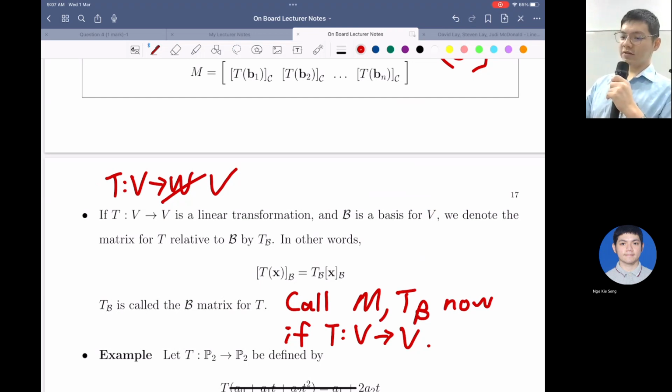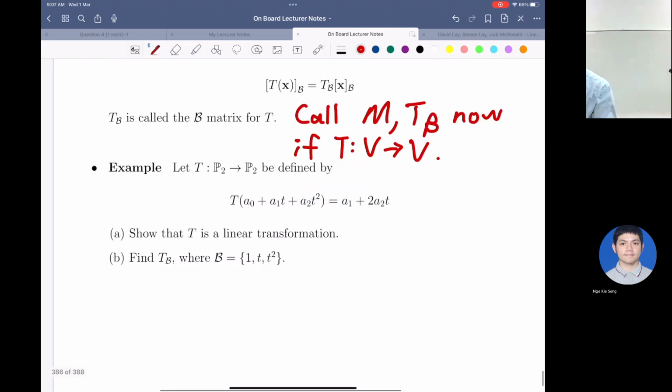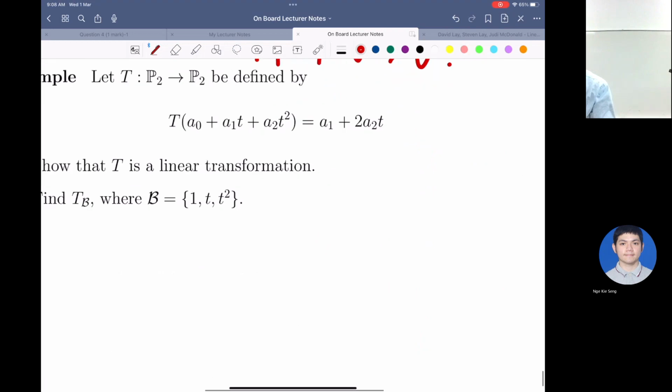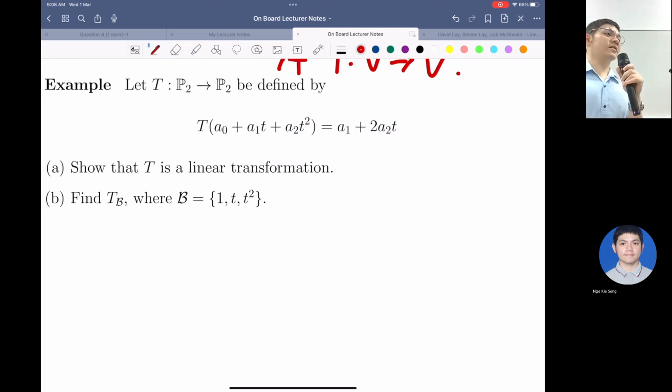This is related to what Singpeng said, change of basis. This is just naming: if T is between V and V, we call it TB, and B is the basis for V. Naming first. I don't tell you why, but name it first.